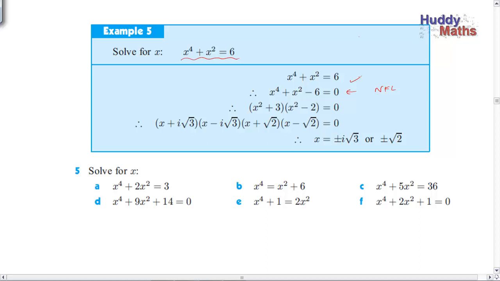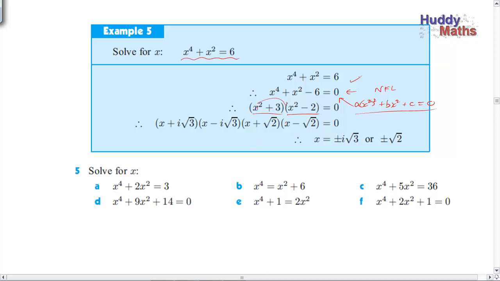So we're treating this little one here as a quadratic in x squared. So we're thinking about this as a (x squared) squared plus b x squared plus c equals 0. Or you could, and therefore you could either do it with a formula or you could factor it like this.